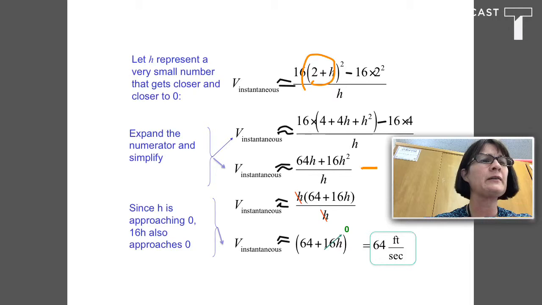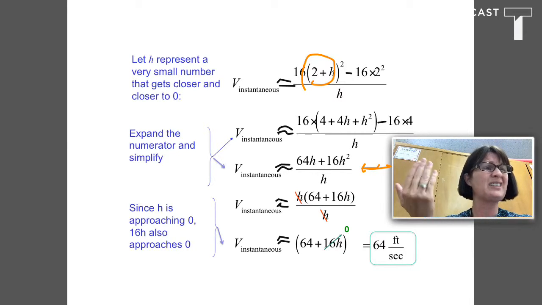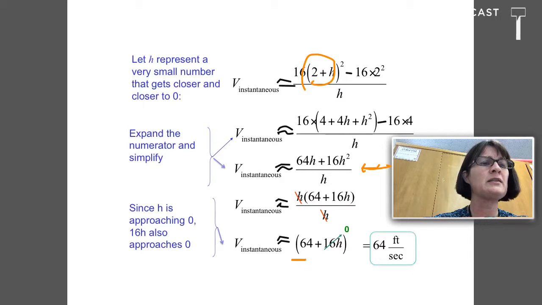And now I'm here, and I see that my problem before was that I have an h in the denominator, and if I want to think of h as 0, I can't have a 0 in the denominator. But now notice I'm able to cancel out that h, and I'm left with this expression down here, 64 plus 16h.